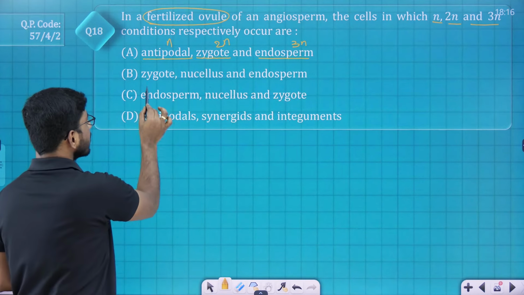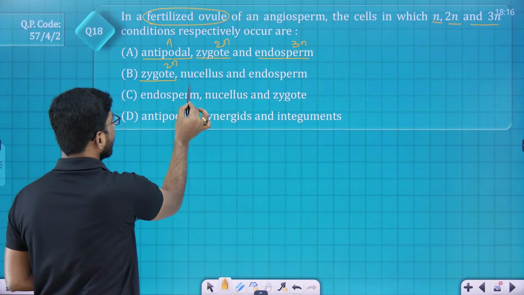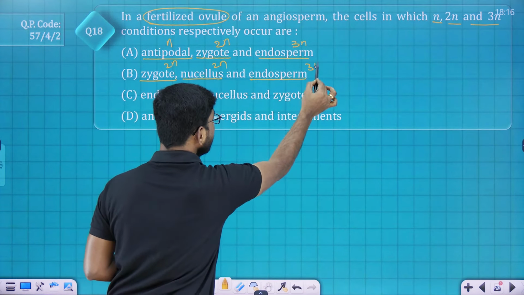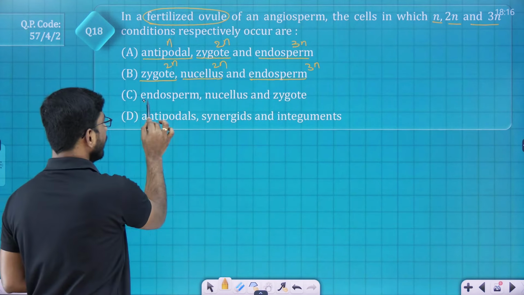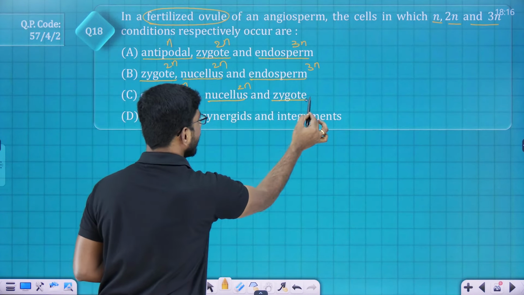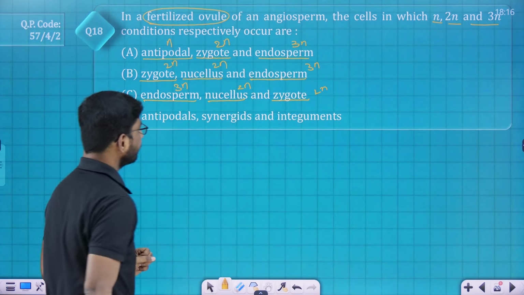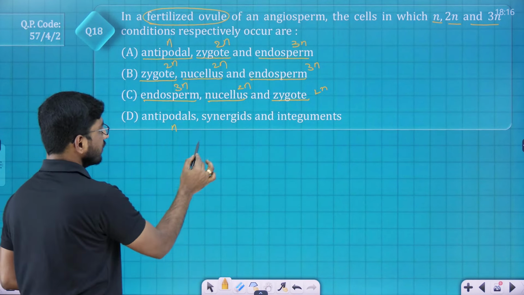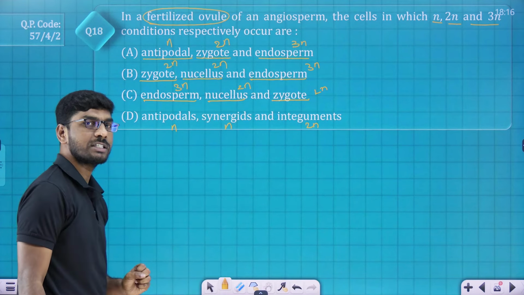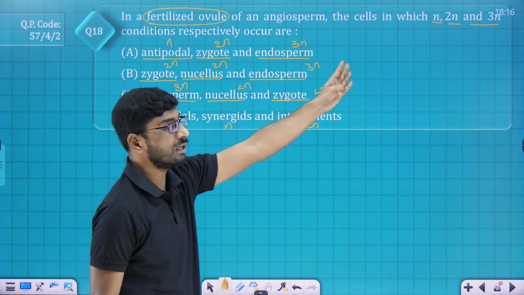Nucellus, diploid. Endosperm, triploid. Zygote, diploid, 2n. Antipodals, N, synergids, N, and integuments, diploid. Find out the correct answer. They're asking N, 2N, and 3N.